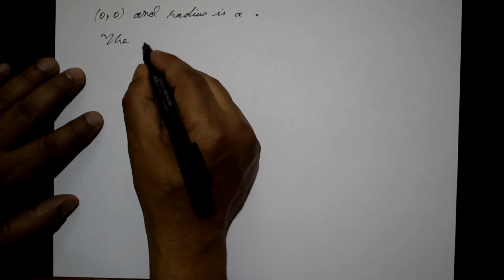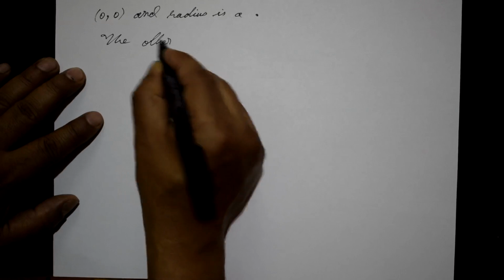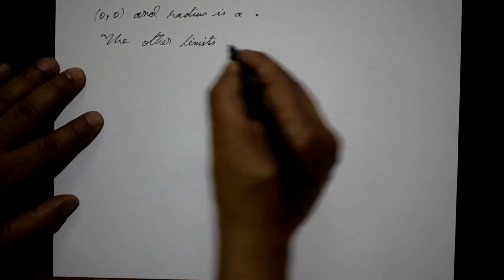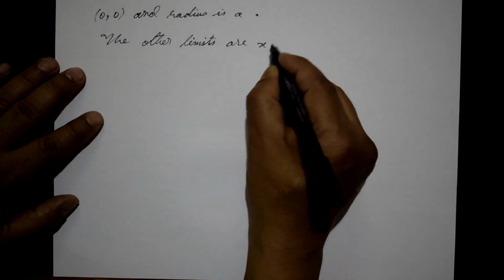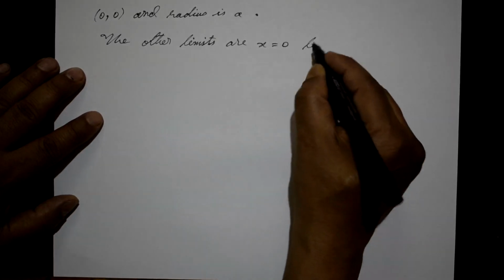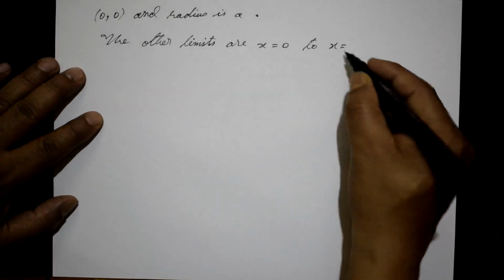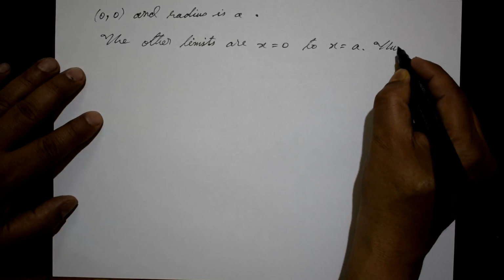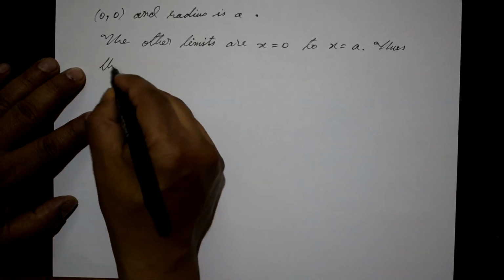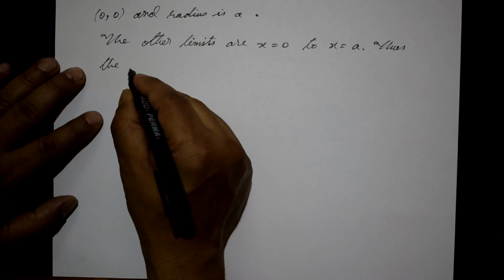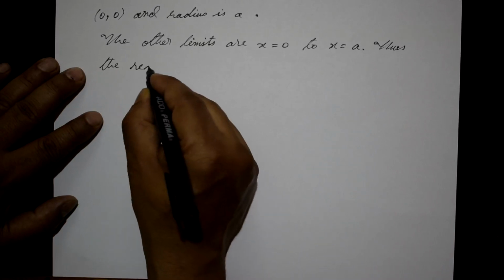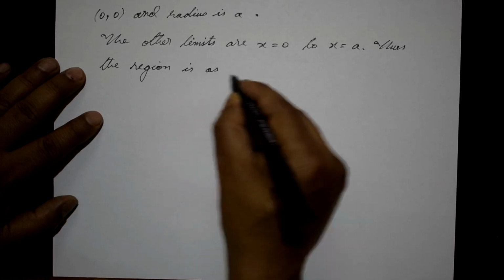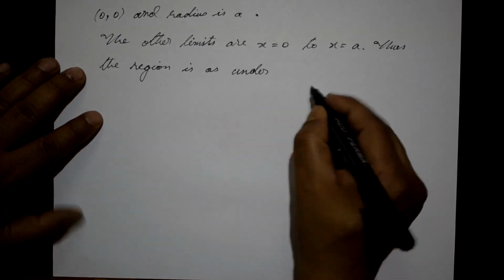The other limits are x is equal to 0 to x is equal to a. Thus, the region is as under.